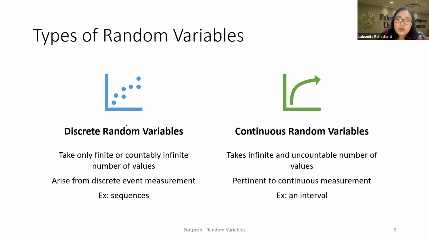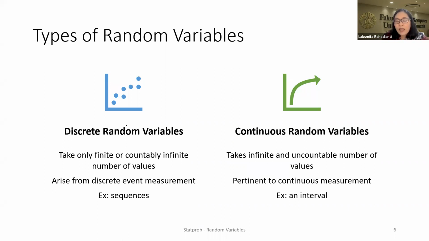The first one is discrete, which means the values of the random variable are countable, so the number of values is discrete. For the continuous one, we're talking about a continuous value, an interval on the real number line. The most important thing is that it's a real number. It doesn't really matter if it's discrete, it can be continuous as well.